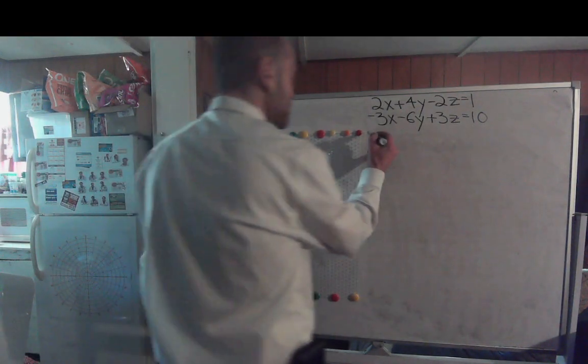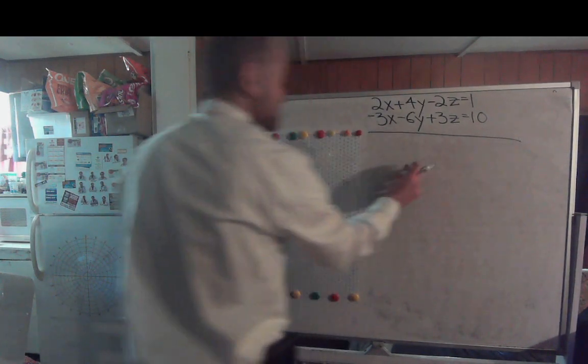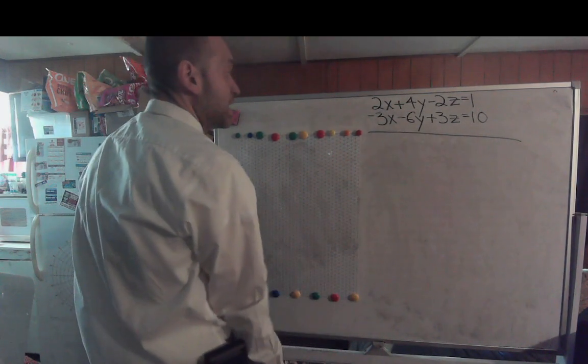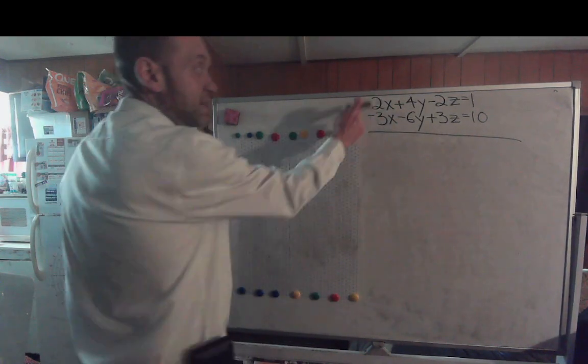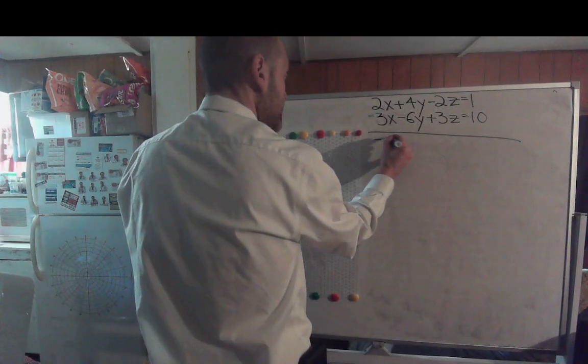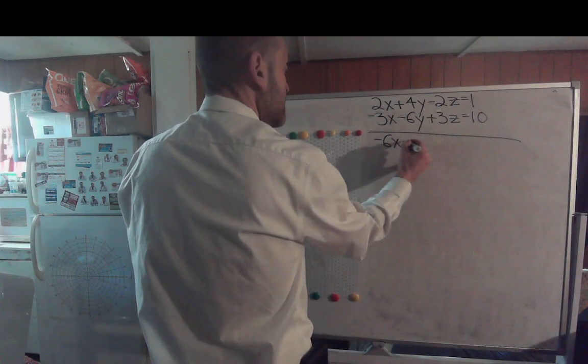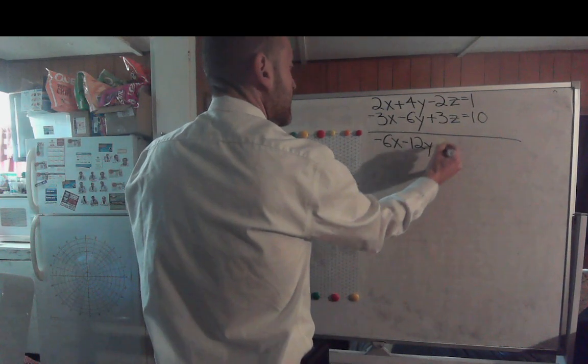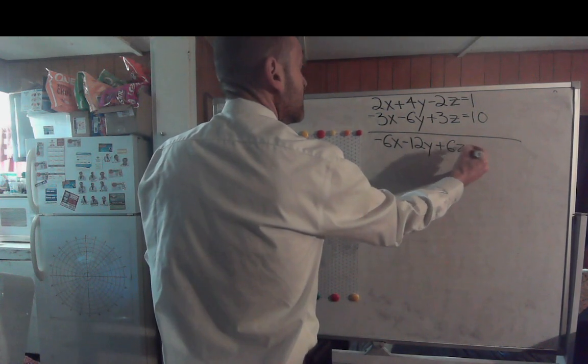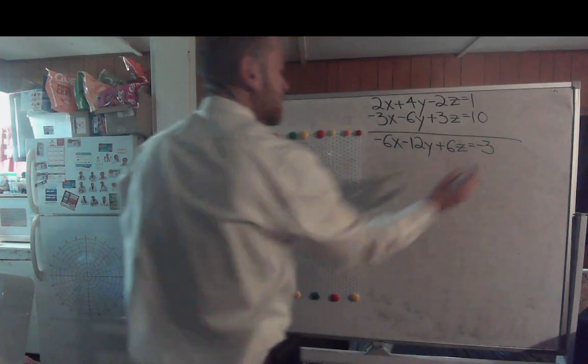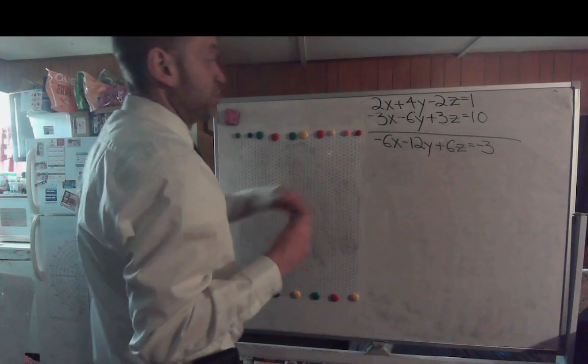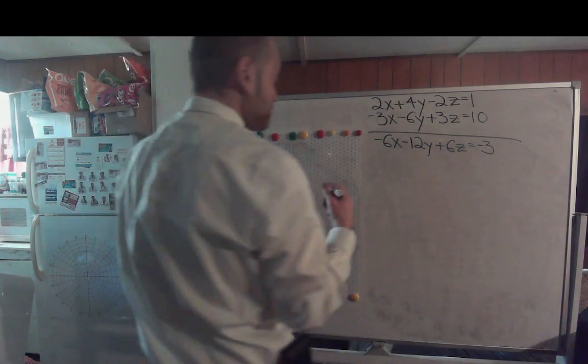So what I'm going to suggest to eliminate x, multiply your top equation by negative 3. If you do that, you'll get negative 6x minus 12y plus 6z equals negative 3. And then multiply your bottom equation by 2.